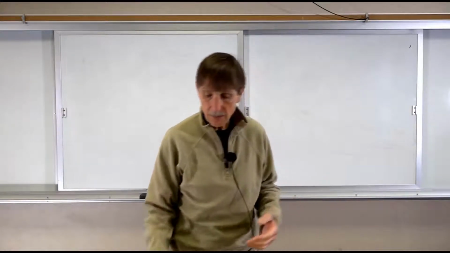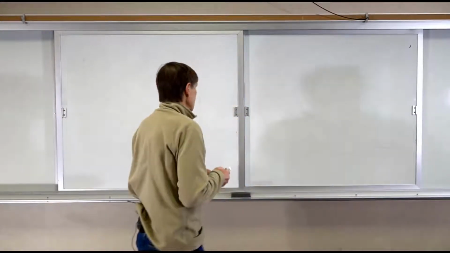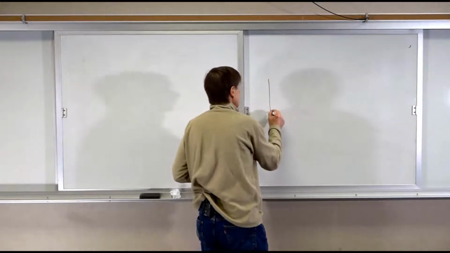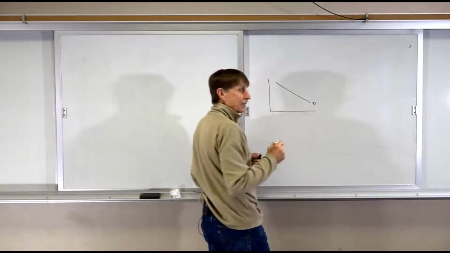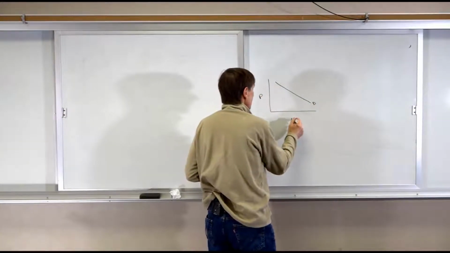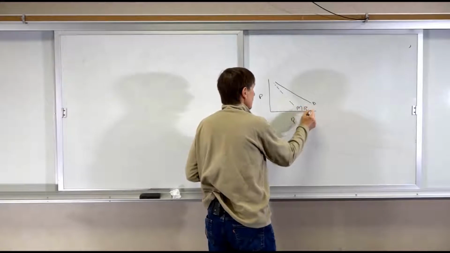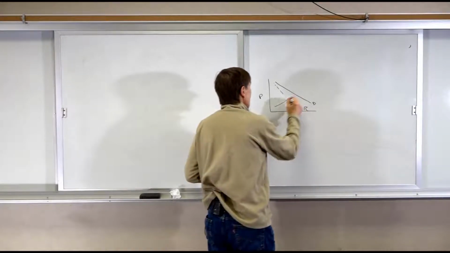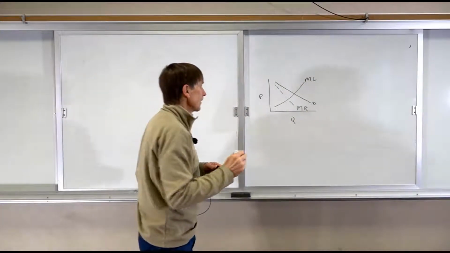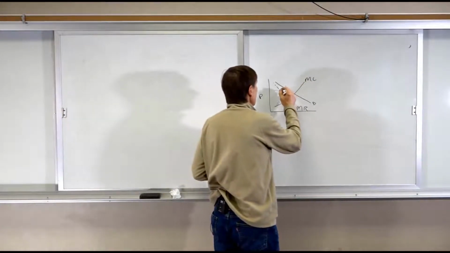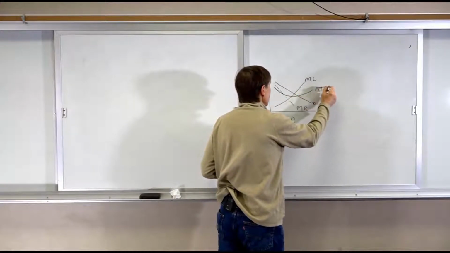So, for example, let's say we have a demand curve for a monopolist, if you think back to that, and the monopolist has a marginal revenue curve that's here and a marginal cost curve that's there, and recall that the average total cost curve could look something like this.